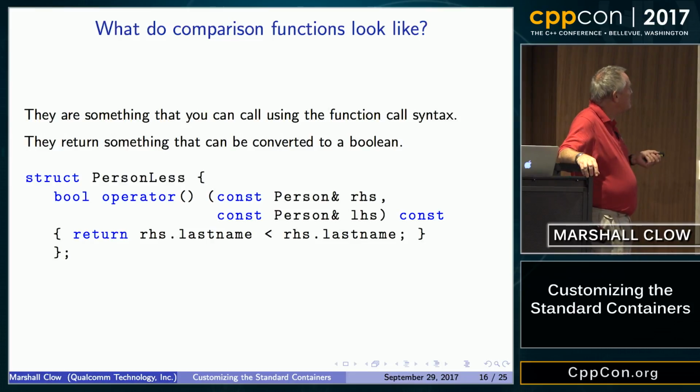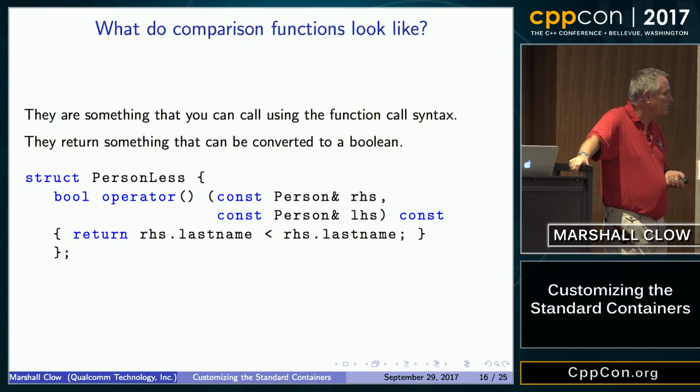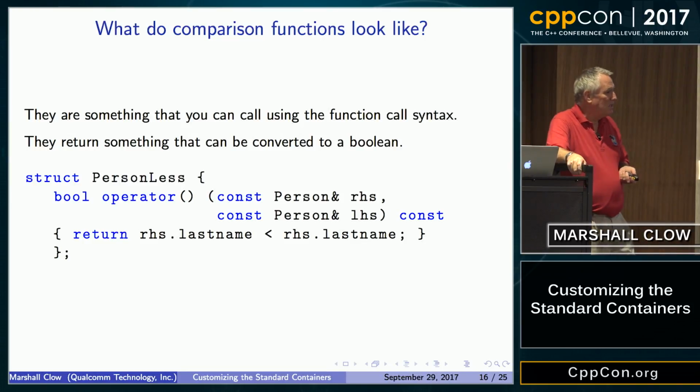But this is about as complicated as the form of comparators needs to be. Yes? Excuse me, what if you don't want to create your own struct with the operator or your functor class? What if you wanted to use a lambda to define your code?